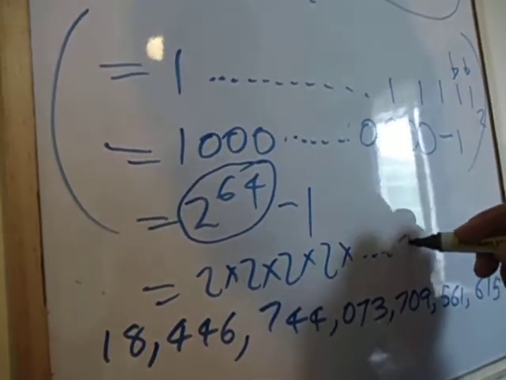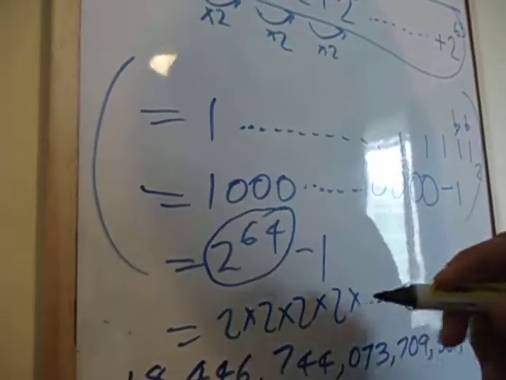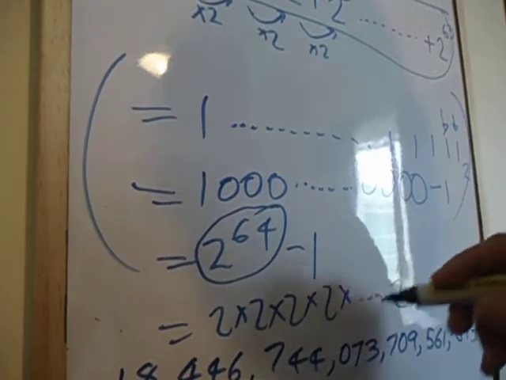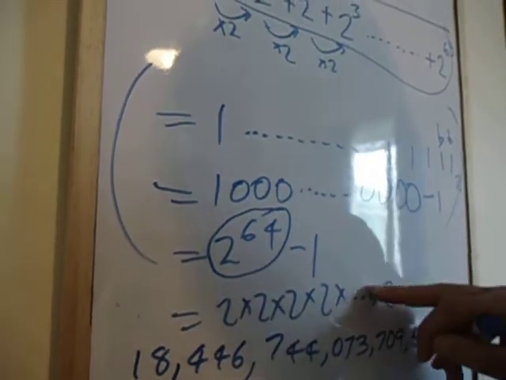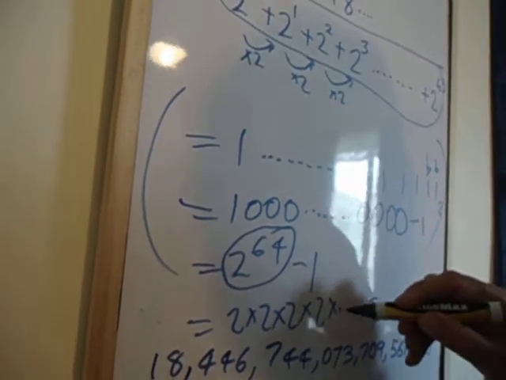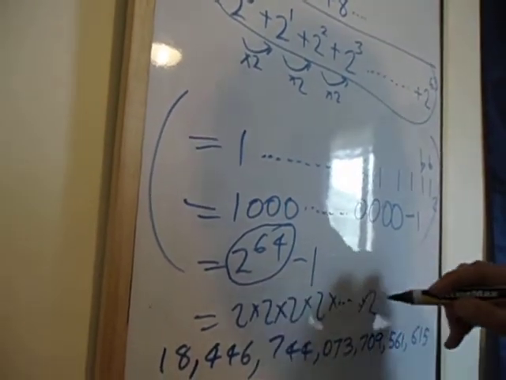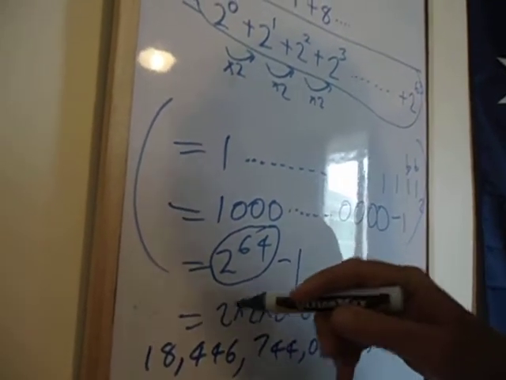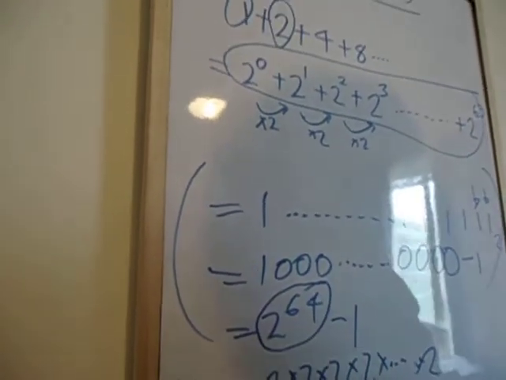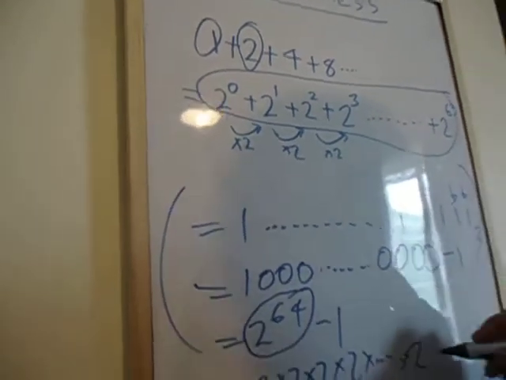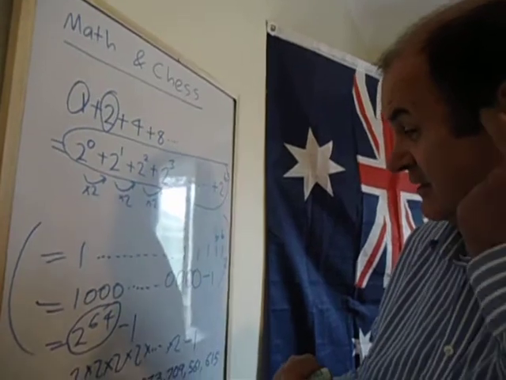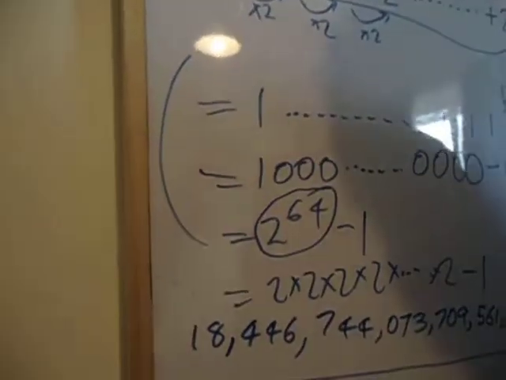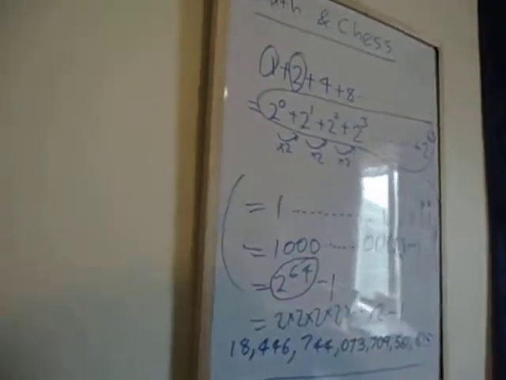Keep doubling. Start with 2 and double it again, till you have 2 to the power 64. So I've indicated with 3 dots here that I want a lot of these 2s. I write down 2 in 64 different places with multipliers in between, multiply it all together, subtract 1, and I get this answer. And that's the amount of rice the king was owed because of this deal he made with the inventor.